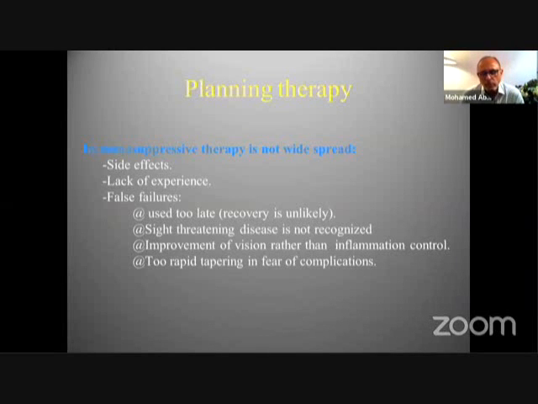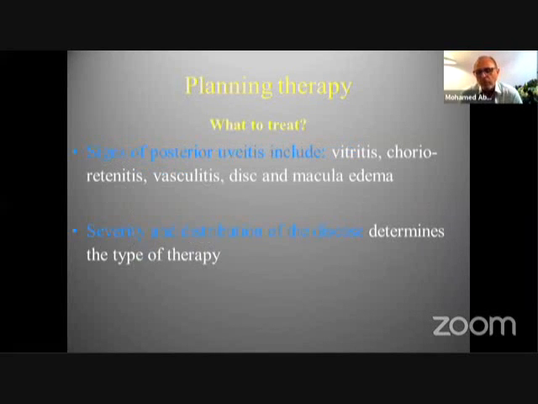And often we start the treatment too late in the disease when no improvement is expected. And then, being afraid of the side effects, we tend to taper it too quickly. And these are the reasons why we fail with this treatment.